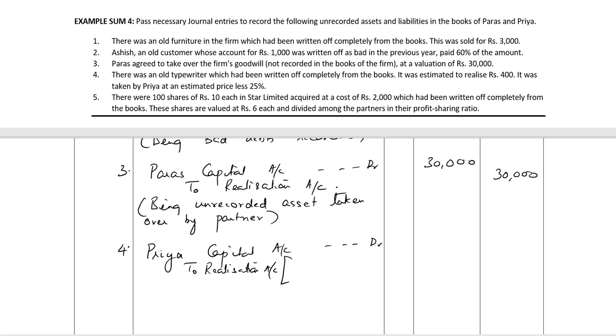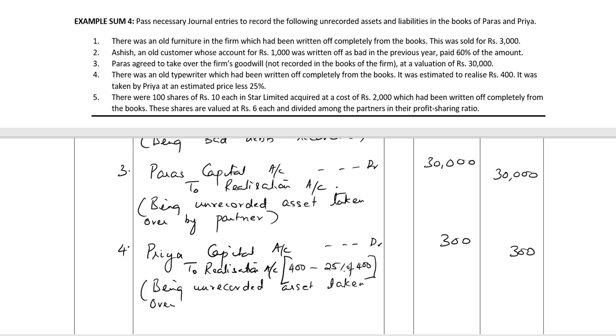The amount at which it was taken over is 400 rupees minus 25% of 400, or in other words 400 rupees minus 100 rupees, which is 300 rupees. Narration: being unrecorded asset taken over by partner.